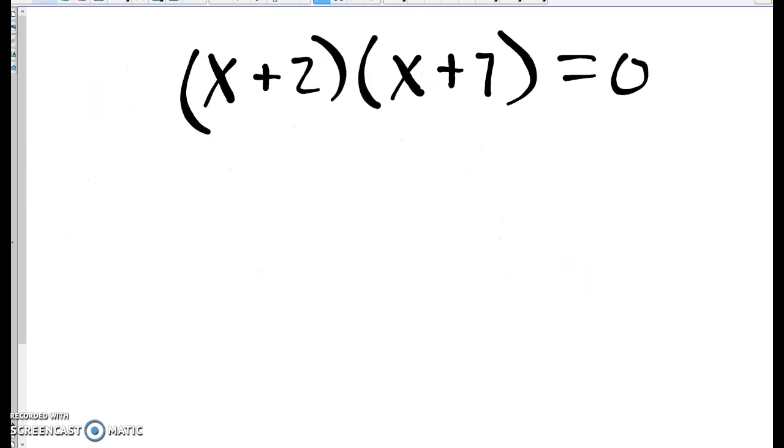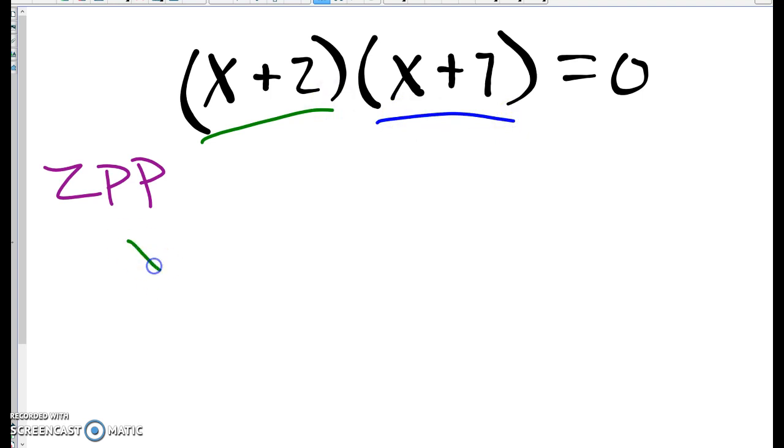All right, so let's look at an example. If we already have a factored expression, this is still quadratic. There's two x's. If you multiply this through, you'd get an x squared expression: x squared plus 9x plus 14 equals 0. But because it equals 0, we're allowed to use that zero product property to split it up. So we know that either this x plus 2 has to be 0 or this x plus 7 has to be 0.